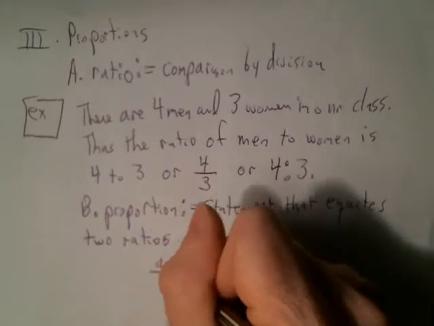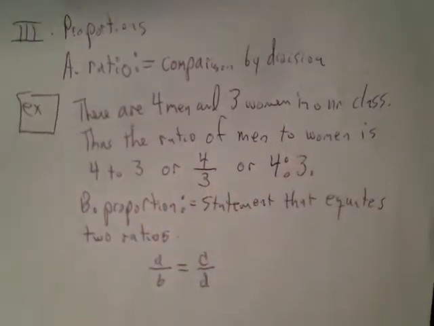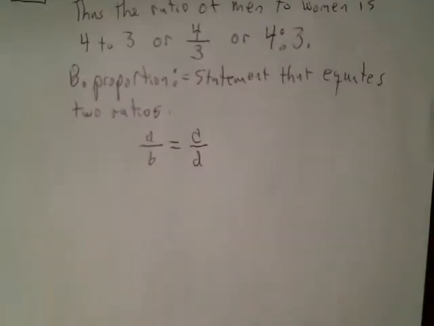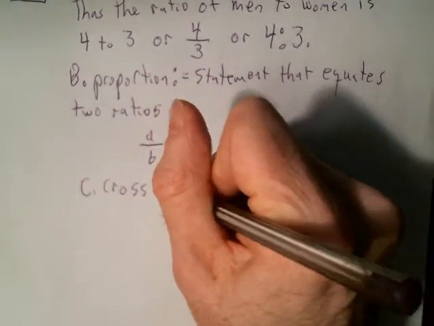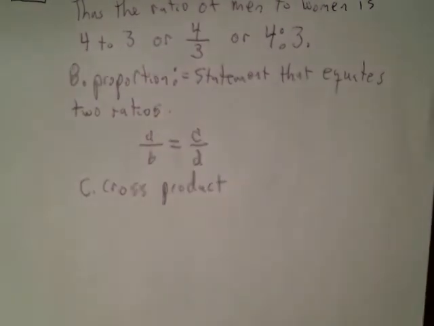So you'll see something like A over B equals C over D. And finally, the cross product gives us a quick way of getting rid of the fractions.